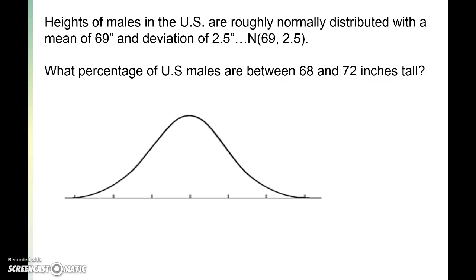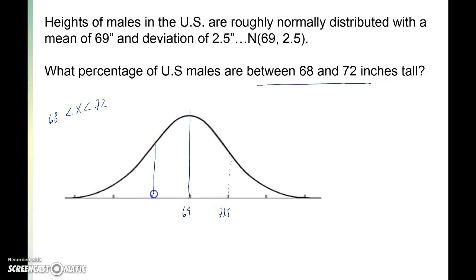All right, let's take a look at another example. This is a between example. What percentage of U.S. males are between 68 and 72 inches tall? So greater than 68, but less than 72. I've got my pre-drawn standard normal distribution here. 69 in the center. I know that this is going to be 71.5.